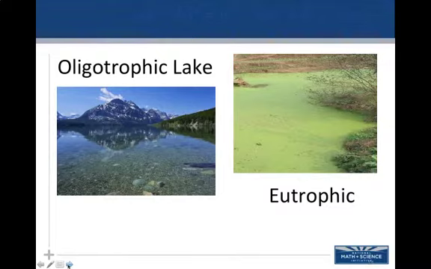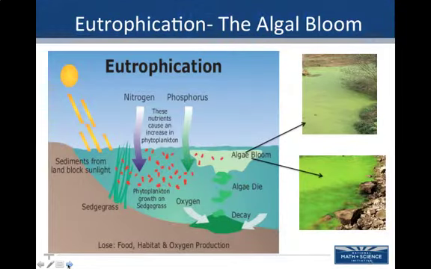And what caused that? Well, in the earlier video, it was talking about how we dig up this phosphorus. And we use phosphorus and nitrogen in various fertilizers and detergents and things like that. And when these run off into the lakes, they actually can provide too much of a food source for the algae. And so what happens is you get this algal bloom, is another term for it. And these nutrients cause this increase in phytoplankton.